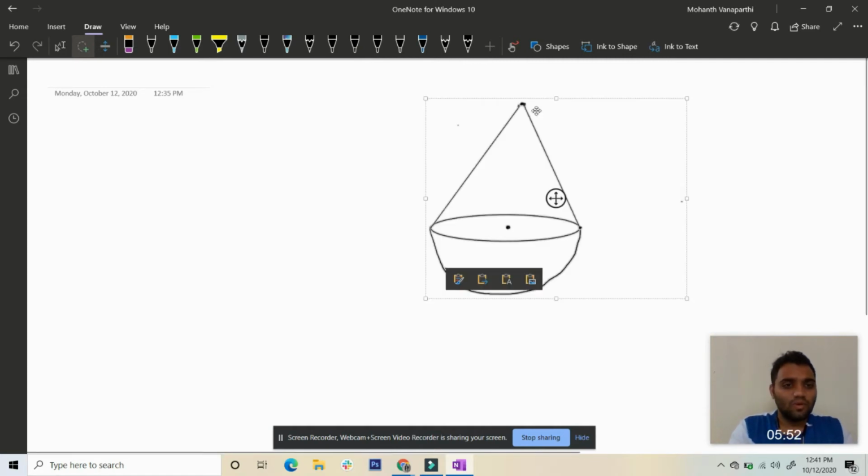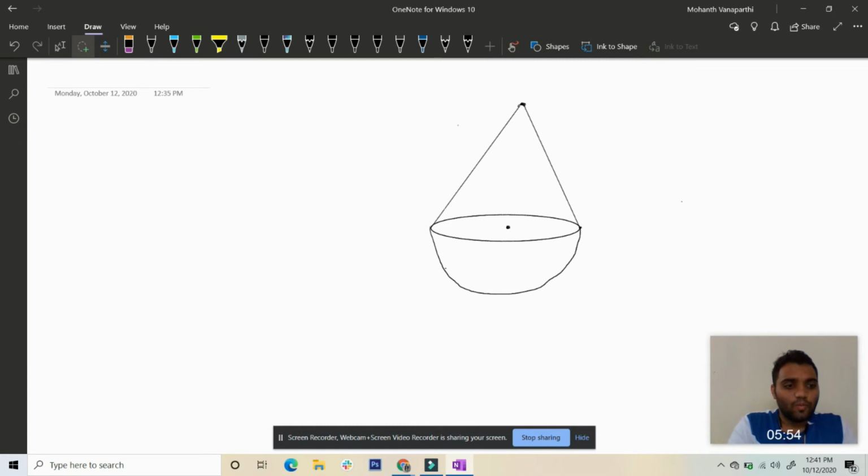Before starting the solution, let us write what data is given in the question.